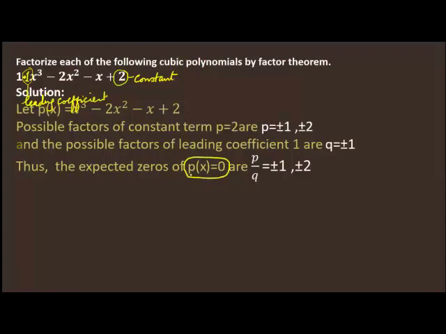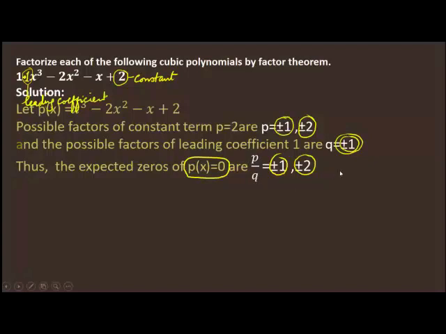So the expected zeros of the polynomial are p upon q. Here p is plus minus 1, plus minus 1 upon 1 is 1, right? 2 upon 1 is 2. So there are only 2 values of p upon q.